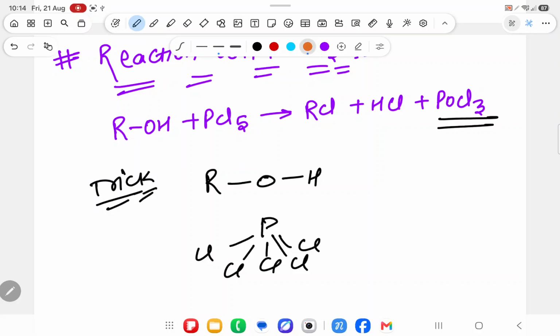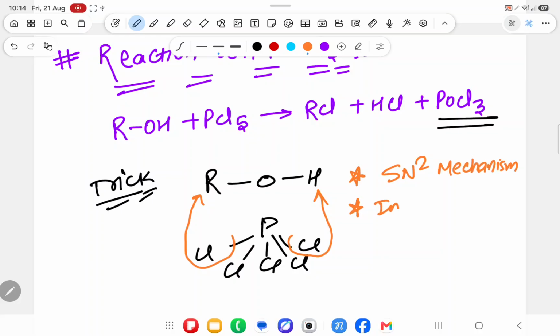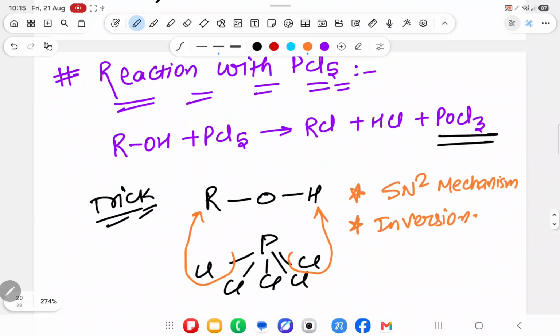From here, one Cl will go to H and another Cl will go to R. It means it goes from the back side, so this will also follow the SN2 mechanism, as well as inversion. Understood the point? It means backside product is coming. That is done. Reaction with PCl5 is also done.